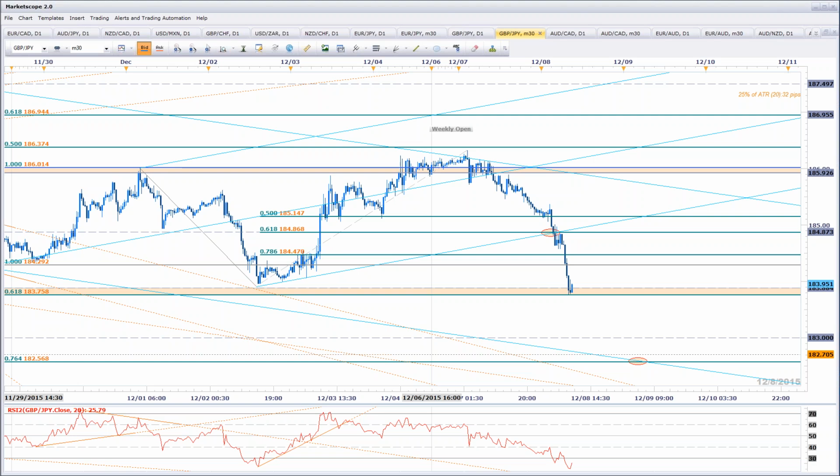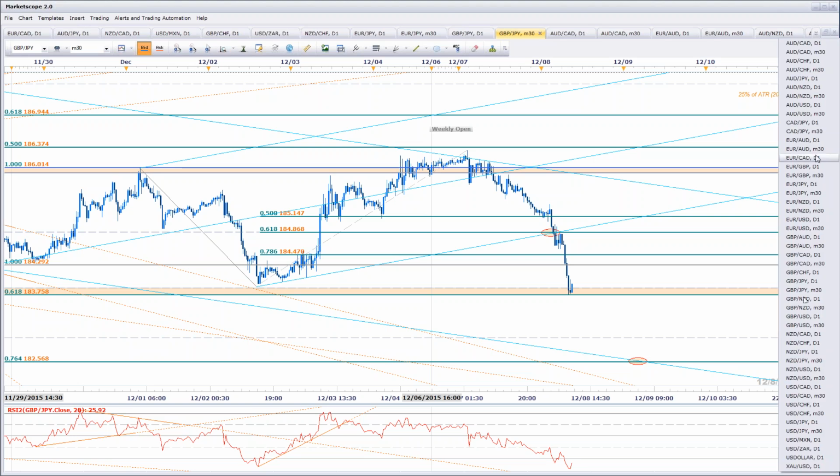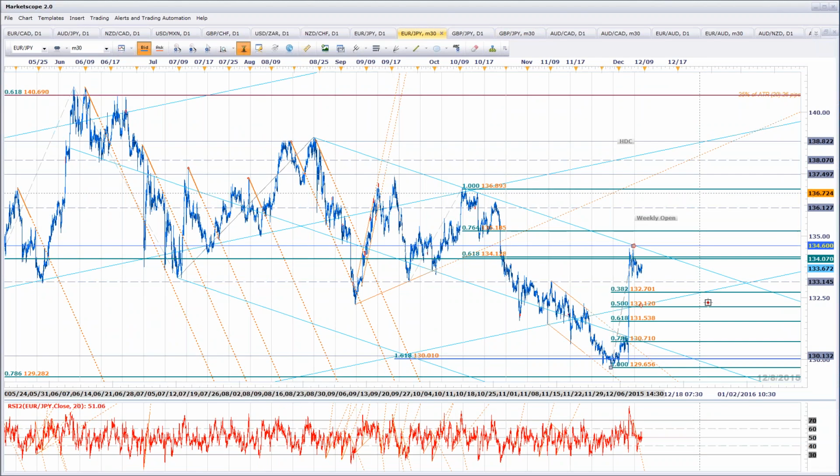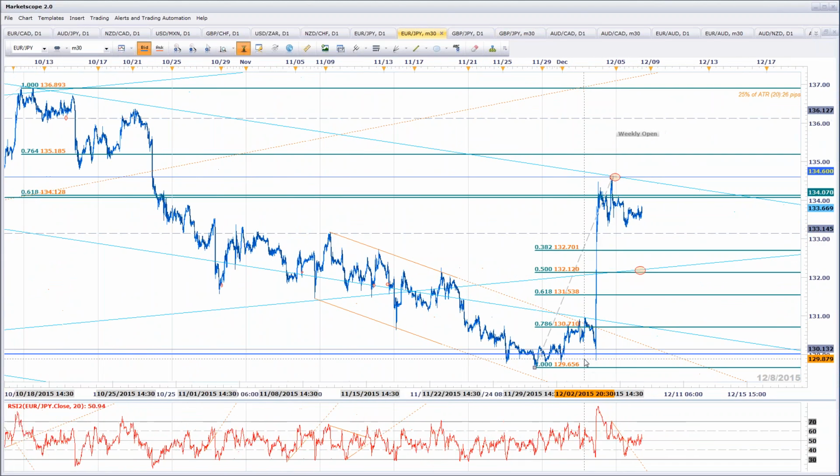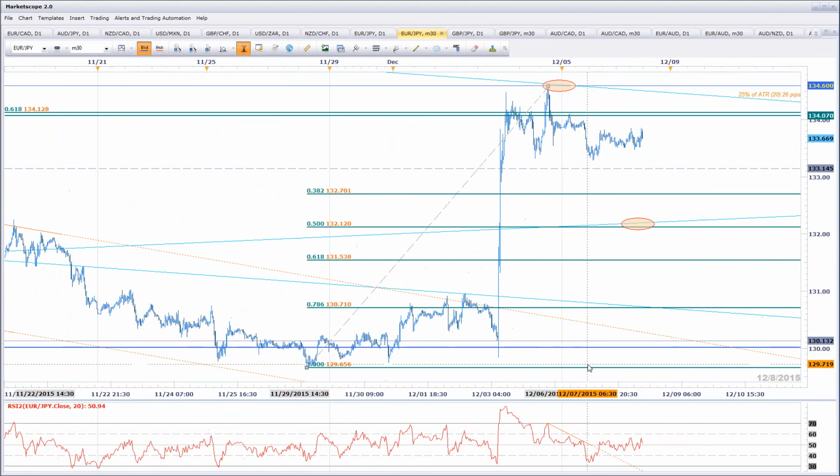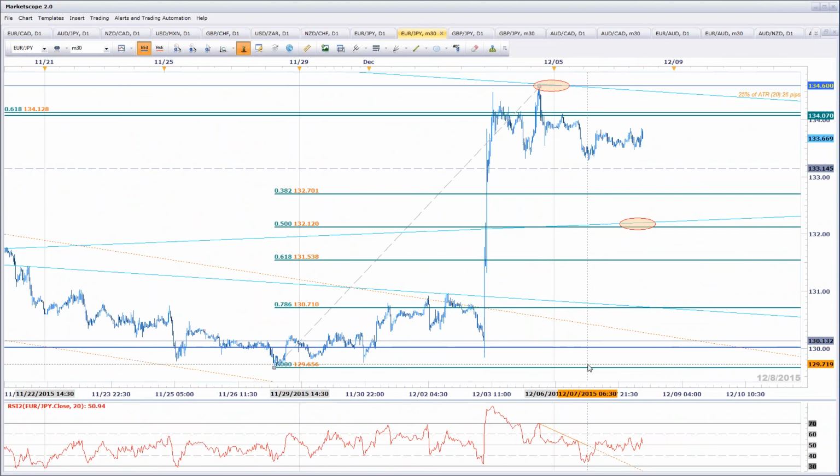So if I'm at support on euro yen, for example, euro yen bias was super bullish on IDO the last couple of days. If we were at support, IDO was giving us opportunity or an upside bias. You see a break of resistance.